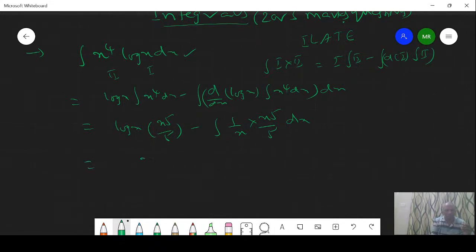This will become x power 5 by 5 log x minus 1 by 5 into integral x power 4 dx.